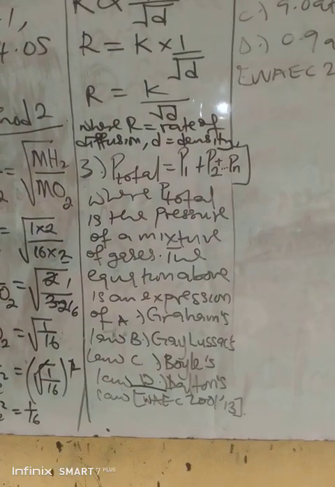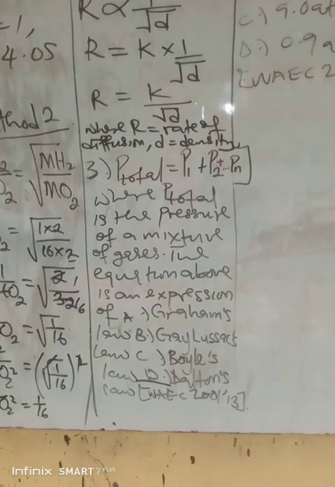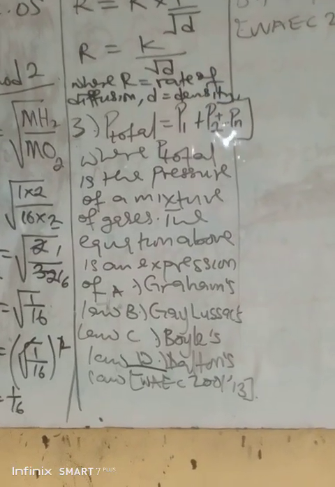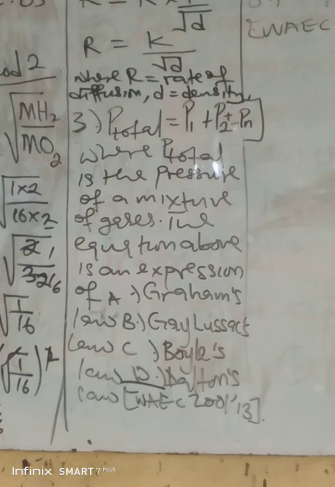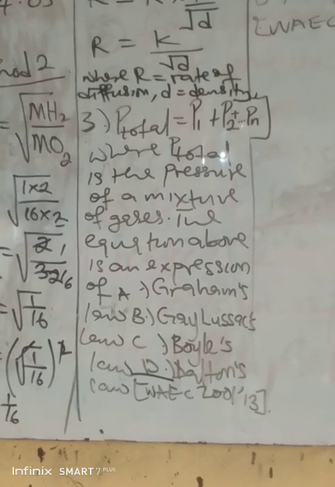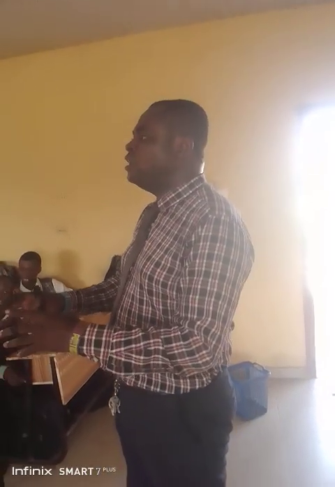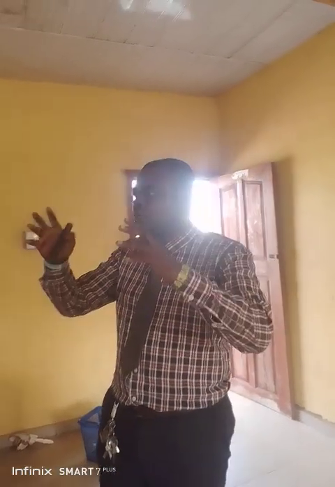How did I know? Dalton's law states that if two or more gases which do not chemically react together are put in the same container, the total pressure of the gas mixture is equal to the sum of the partial pressures of the individual gases present inside the container.